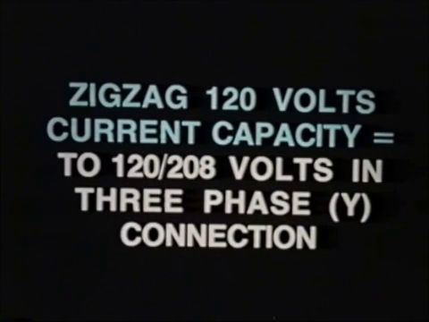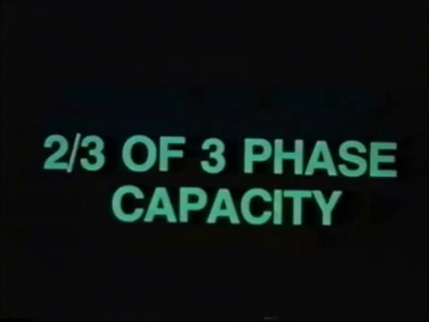If the phase voltage in a zigzag connection is 120 volts, the current carrying capacity of the armature windings is the same as when it is connected for 120 to 208 volts in a three-phase Y connection. As you can see, a three-phase generator connected in a zigzag connection becomes a single-phase generator with 2/3 of its three-phase capacity.